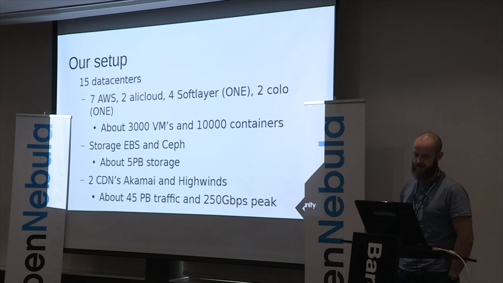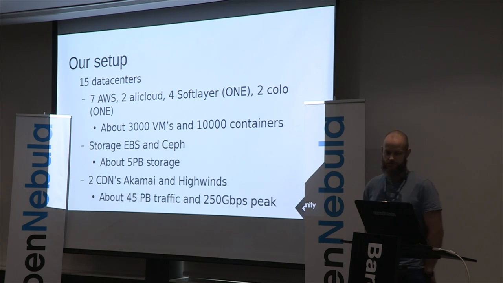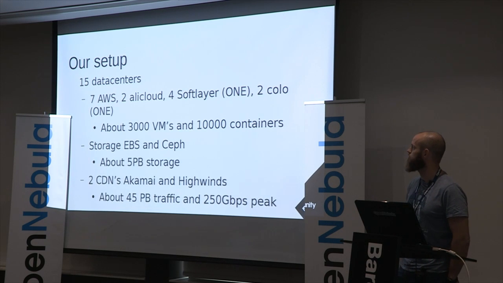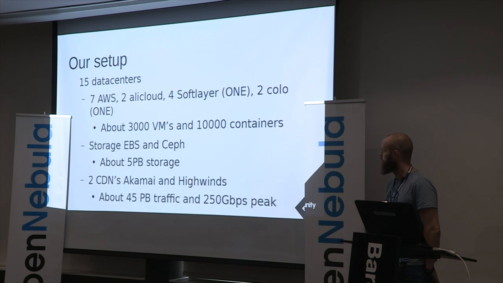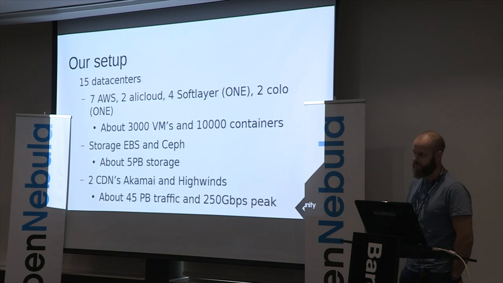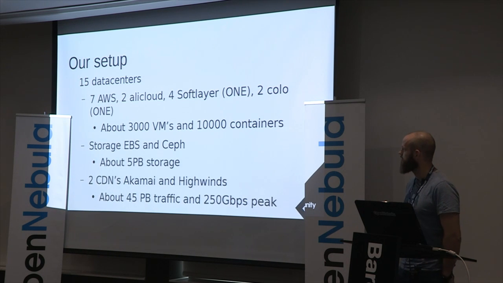Our setup, I think we're using 15 different data centers across 2 different cloud providers, and then we have some co-location, and also we use SoftLayer as a rental hardware platform. We use OpenNebula to manage our own private cloud.